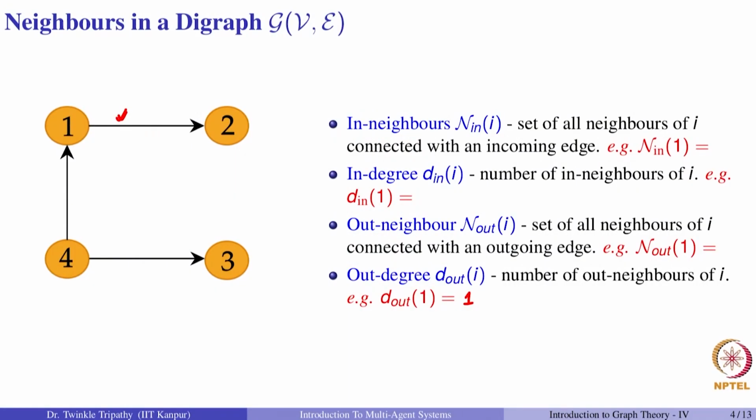For example, if you have a robot which has an overhead camera or an onboard camera, then depending on the strength that the camera has, we can assign a weight which would represent the quality of its measurement of its neighbor. That can be the edge weight. So, these notions change very slightly when we make the digraphs weighted.